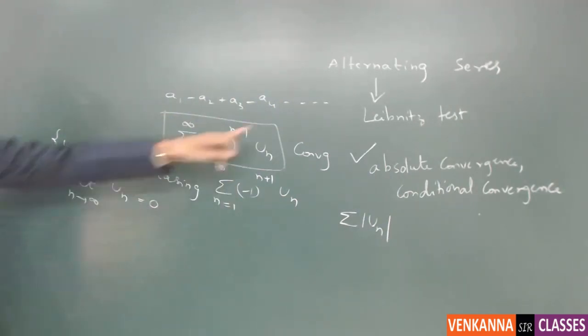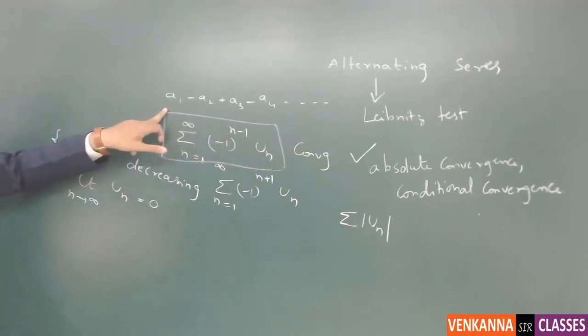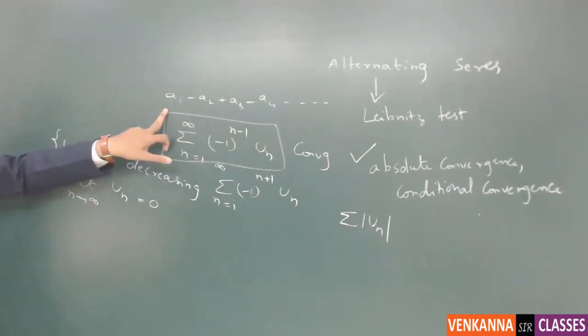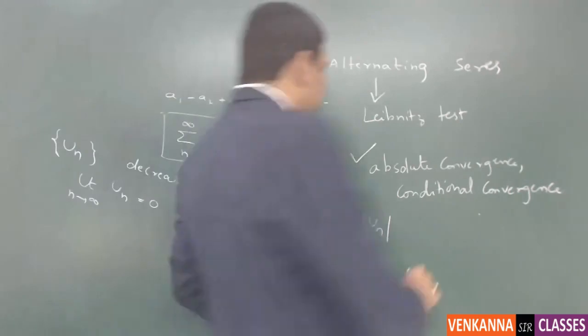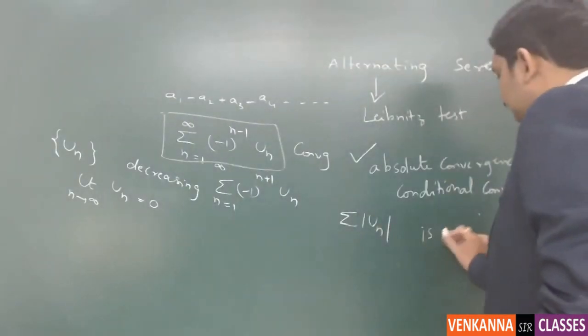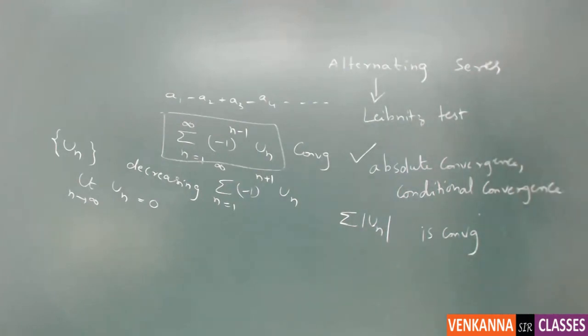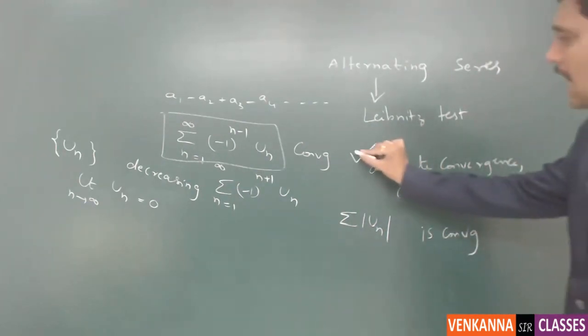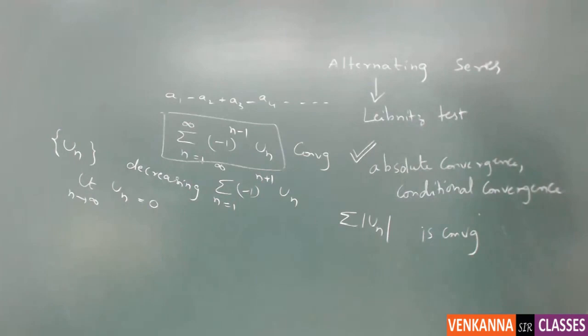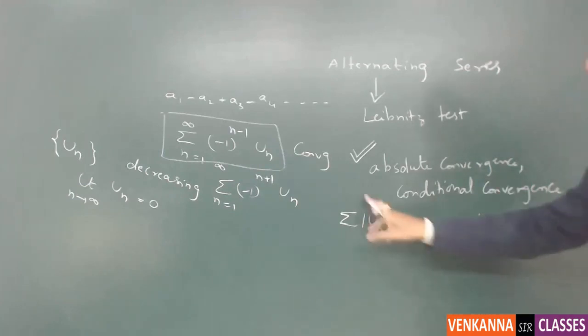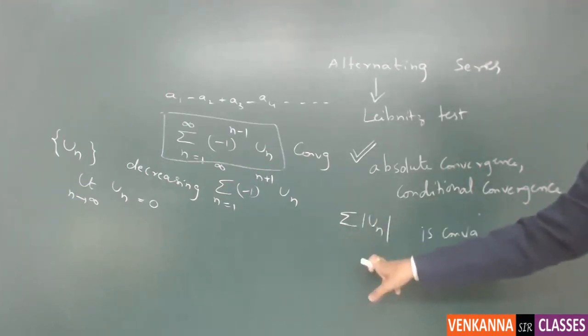So what happens? All the values will become positive, isn't it? So if this value is convergent, then we say that the given series is absolutely convergent. So for absolute convergence, what we are doing? We are taking modulus for the terms un.